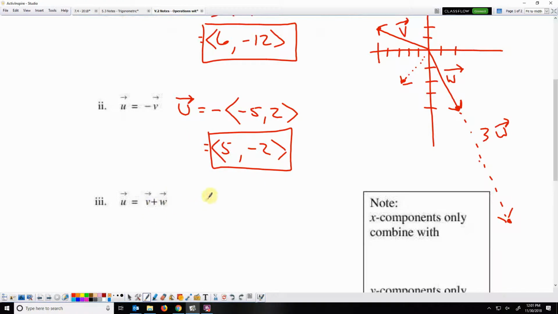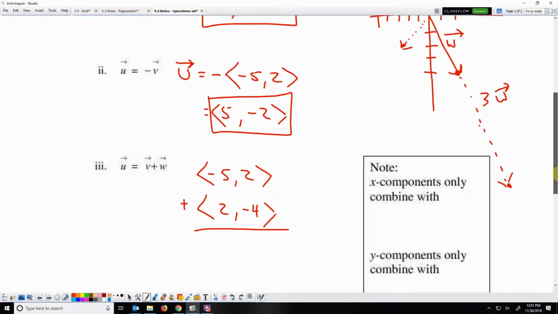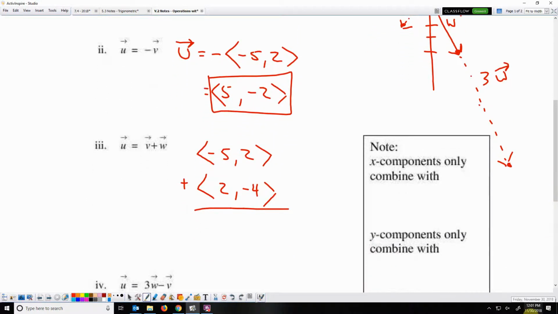But if we do it algebraically, we would just be adding the two vectors. So vector v is -5, 2, plus vector w, which is 2, -4. And when we combine those, we get -3, -2.